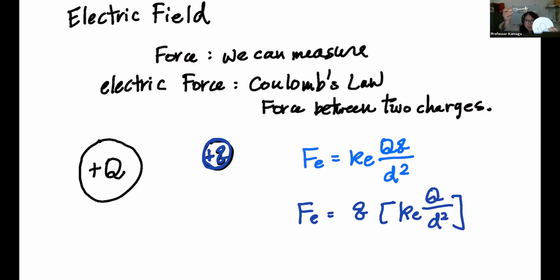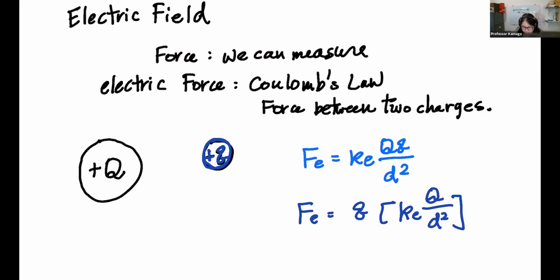So just like this, I have a big Q and the little q comes over. The environment that I said is created by this big Q, we define as an electric field.